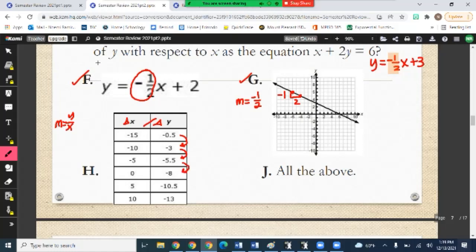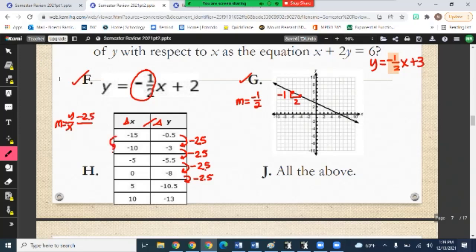So how do you get from a -0.5 to a -3? -2.5. Thank you. How do you get from a -3 to a -5.5? -2.5. Thank you. -2.5 every time. So this -2.5, is it going to go on the top or the bottom of my fraction? Y goes on top.